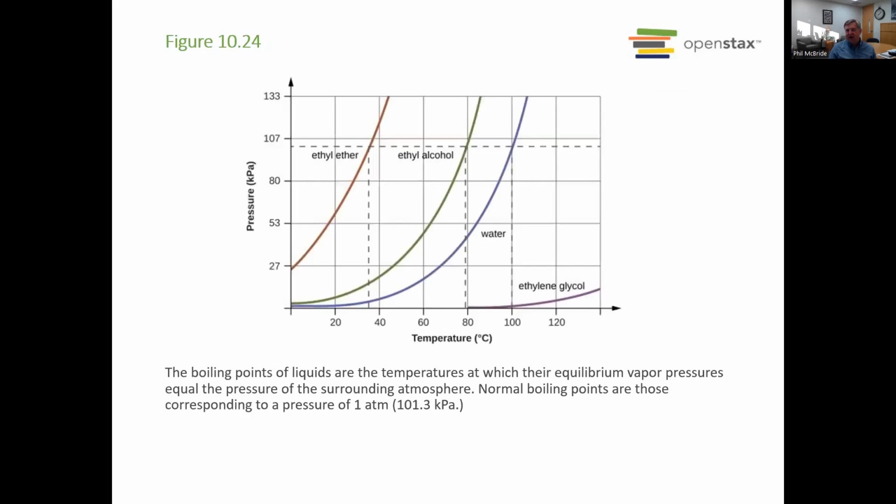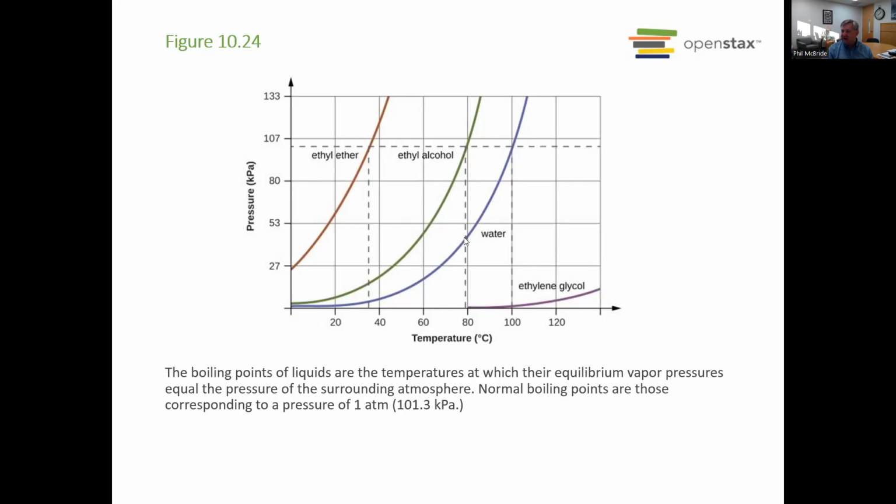So here's a little graph showing ethyl ether, ethyl alcohol, water, and ethylene glycol or antifreeze. So you'll notice the water, when you are at 101.3 kilopascals, which is 1 atmosphere, the boiling point of water is 100 degrees Celsius. But as the pressure goes down, the boiling point of the water goes down.